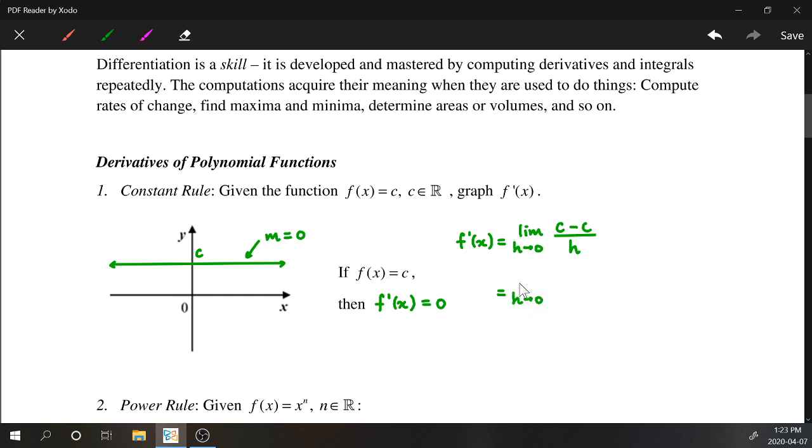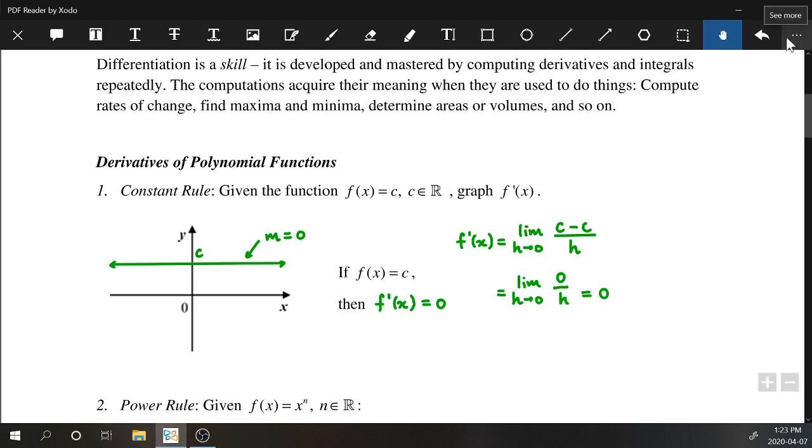You're going to have a number that is already 0 divided by a number that is approaching 0. So the limit should just be 0. Okay, so that is the case.